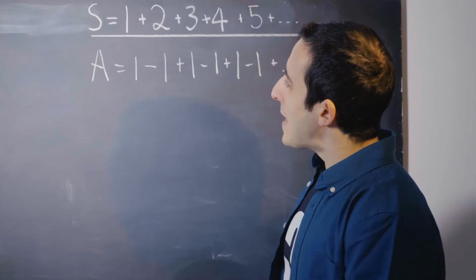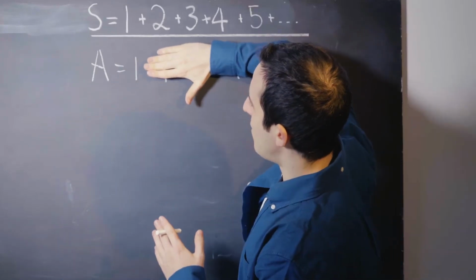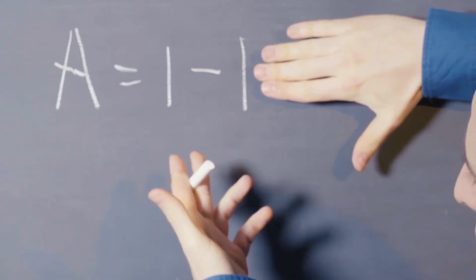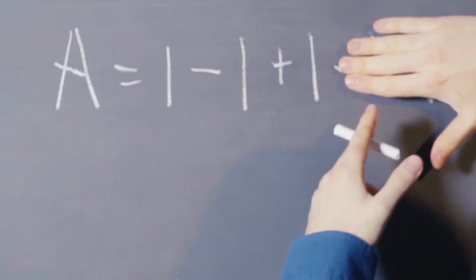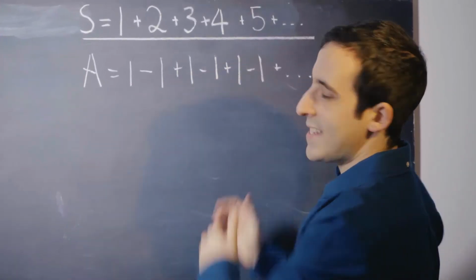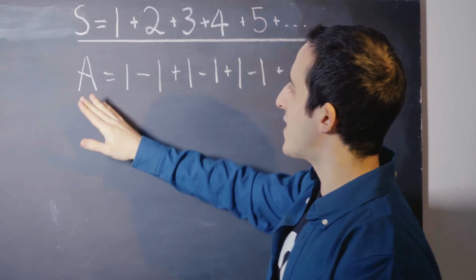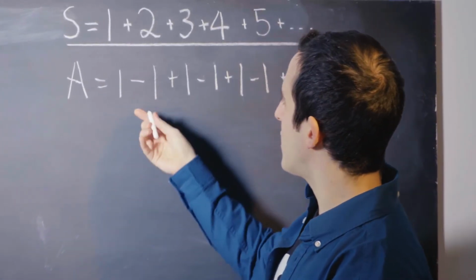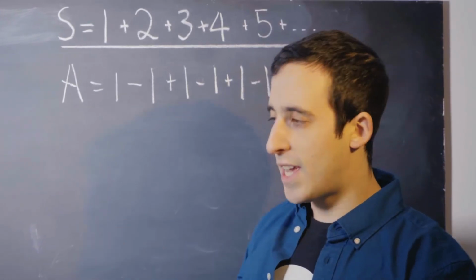Because if we take the first term of A, it's equal to 1. If we take the first two terms, it's equal to 0. The first three terms, it's equal to 1. Four terms, 0. So it seems to be oscillating between two values, and it's very hard to say, if we take all the infinite terms of this sequence together, what should they equal?